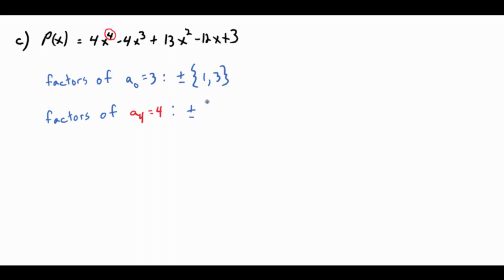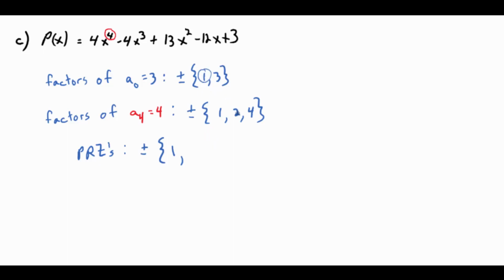Plus or minus 1, 2, 4. Okay, so list the possible rational zeros by forming all the fractions you can with either 1 or 3 in the numerator, plus or minus on all of them, and one of 1, 2, or 4 in the denominator. So what are the possible rational zeros? I'll get you started. 1 over 1, so just 1. What's the next one if you leave 1 in the numerator?